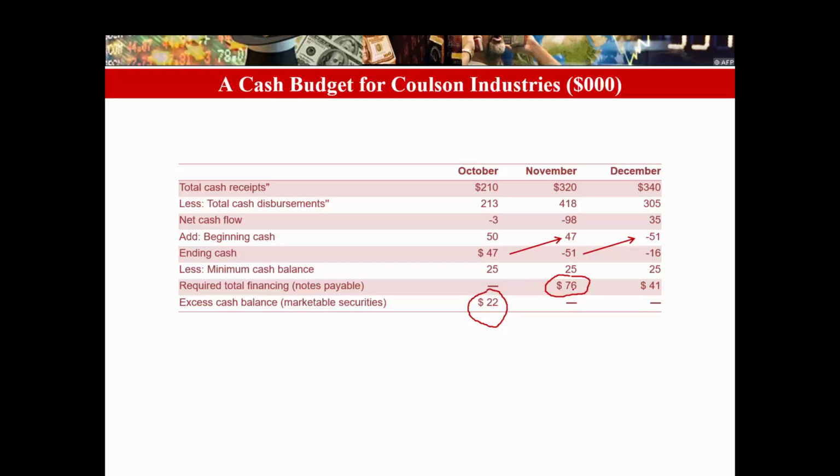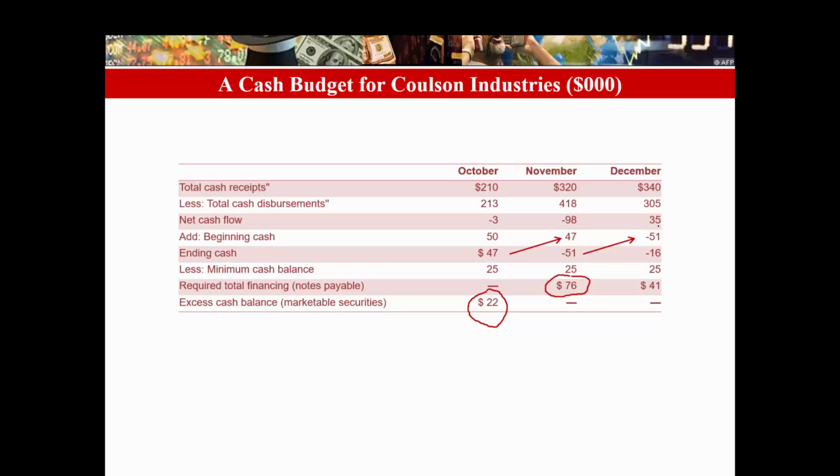So we know that we do have a cash shortage in November, and we will be prepared to procure that amount. Now, for December, since the ending cash balance in November was minus 51, which assumes that this bank balance has been paid out, the ending cash balance brings us to a beginning of minus 51 for this period.